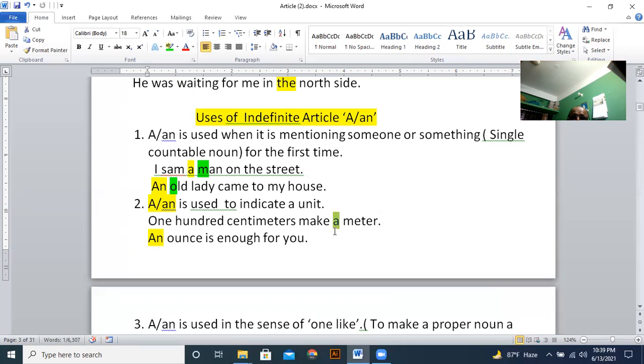If consonant, you have to use a, and if vowel, you have to write an. Then the second sentence: an ounce is enough for you. Here, ounce starts with a vowel, so here, an. Okay. Serial number 2, any question?